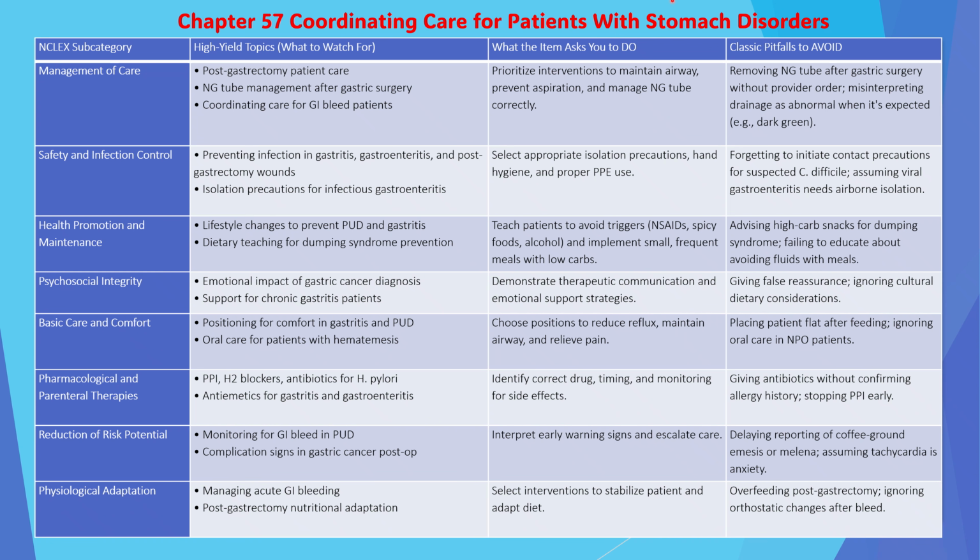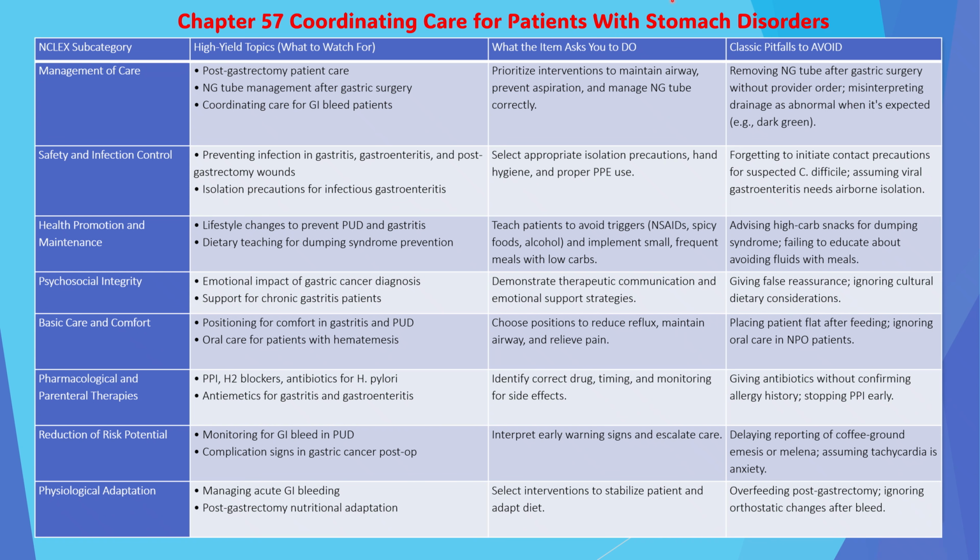So, summary for studying: if you have limited time, focus your energy on recognizing the signs of perforation and bleeding in peptic ulcer, and mastering the dietary teaching for dumping syndrome, as those directly relate to the NCLEX domains of psychosocial adaptation and reduction of risk potential.